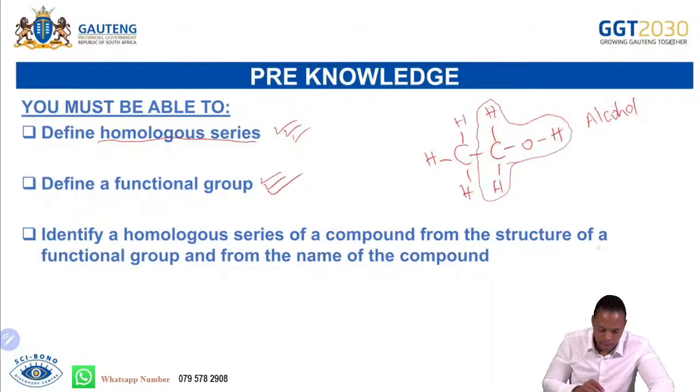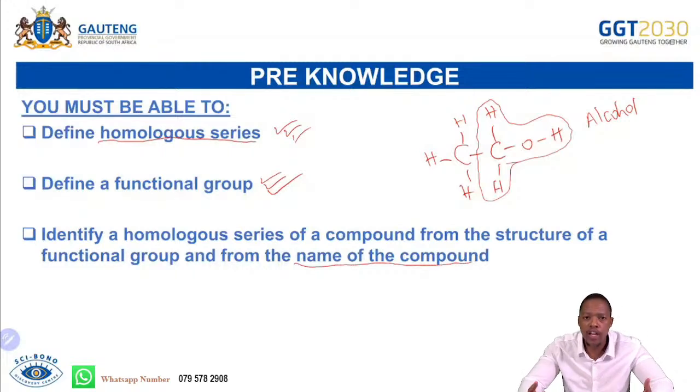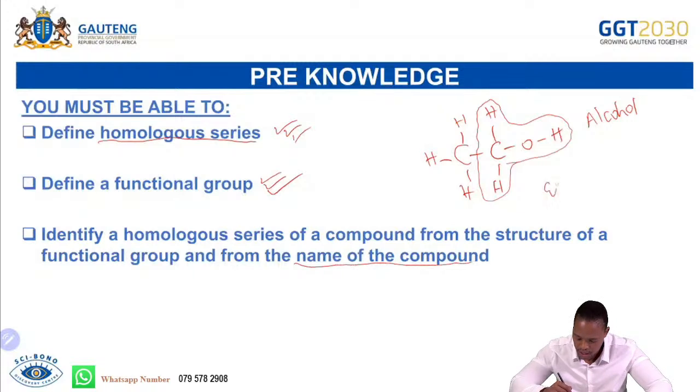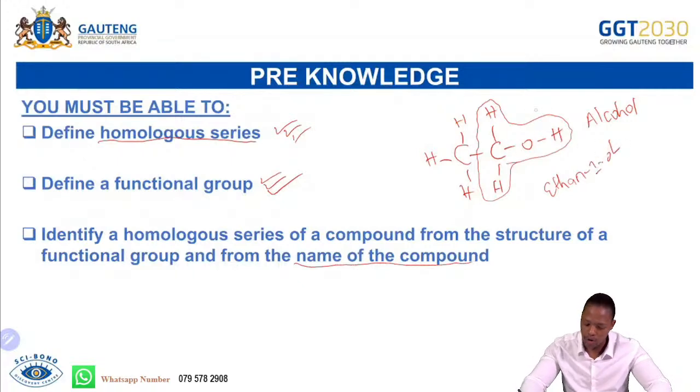But you must also be able to identify the homologous series from the name of the compound. So that means by looking at the name of the compound. For example, if we were to name this compound, since it has 2 carbons, we would say it is eth, and it is ethan-1-ol, because you have the OH there on carbon number 1.